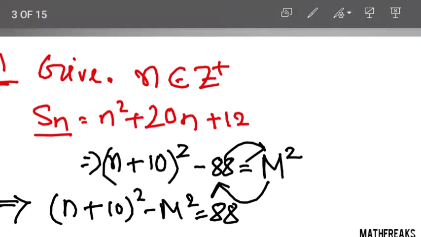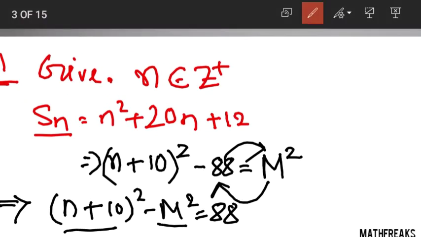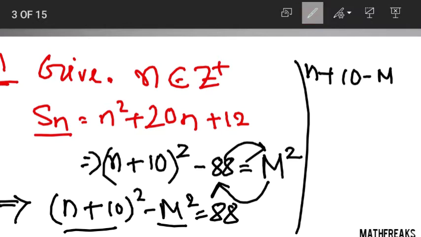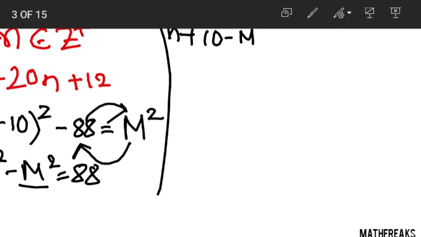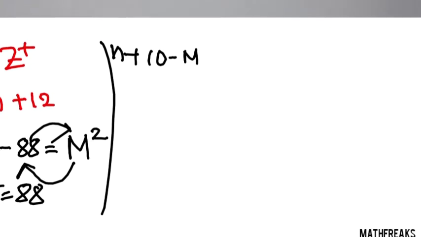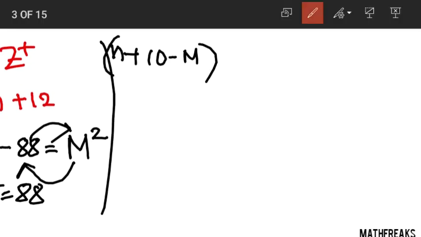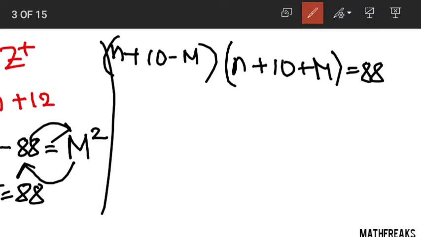Now you see a form of a square minus b square? We all see, right? So now just factorize it. So this will be (n plus 10 minus m) multiplied by (n plus 10 plus m) is equal to 88, right?